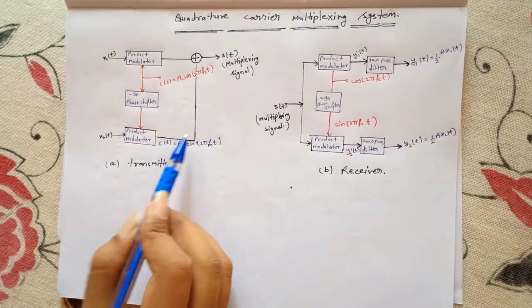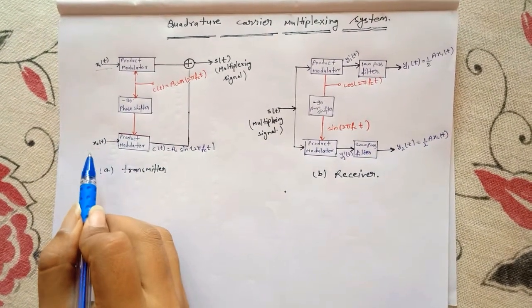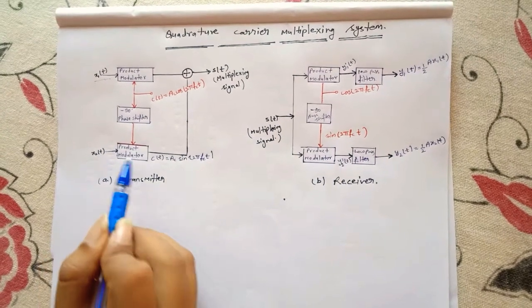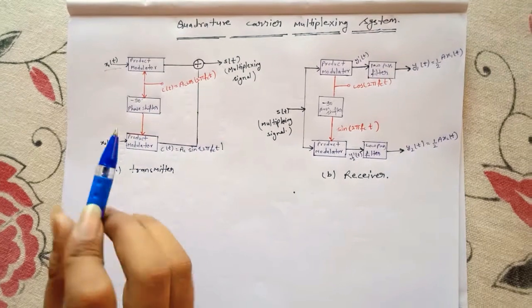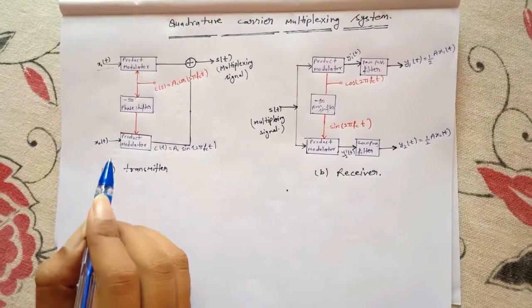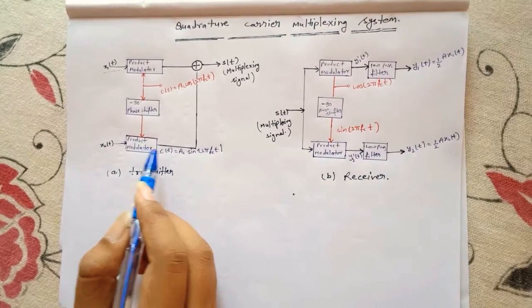So we have two signals, let's say x1(t) and x2(t), and we give them to the product modulators.